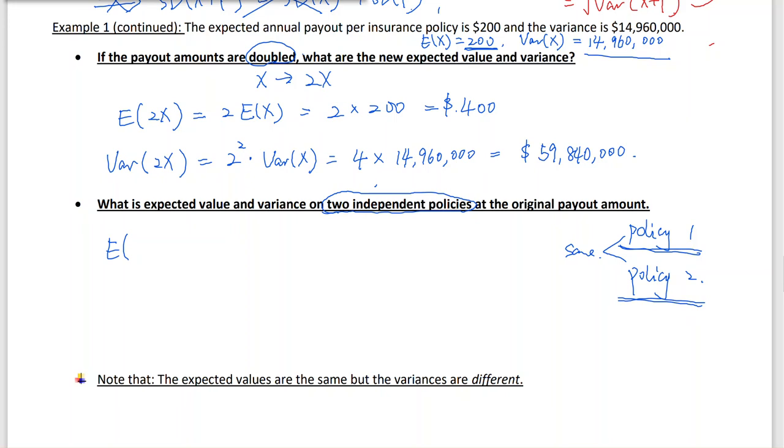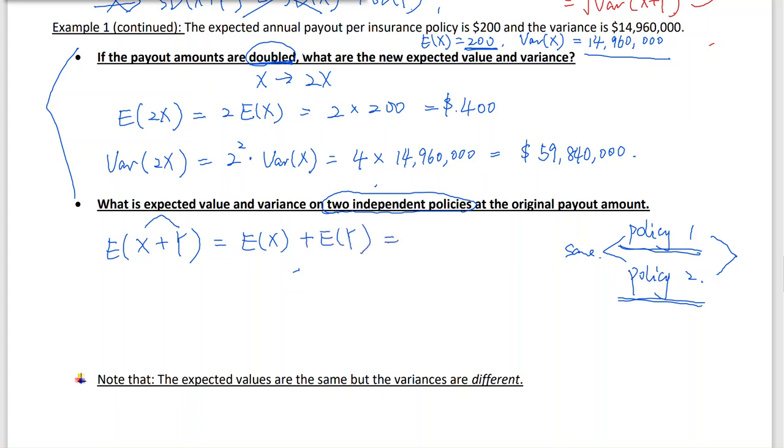You may think these 2 questions are the same thing. In one case the payout is doubled, but in this one they are the same policy and you pay the same amount. That means you take the sum of these 2 policies, so it equals the expected value of x plus the expected value of y.